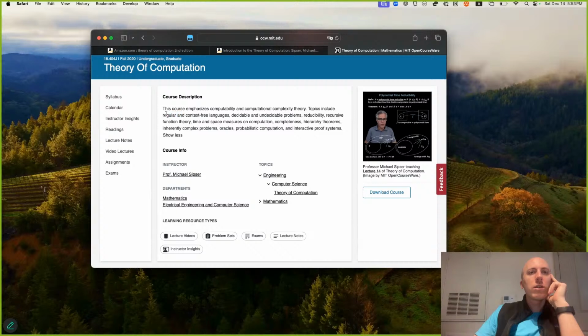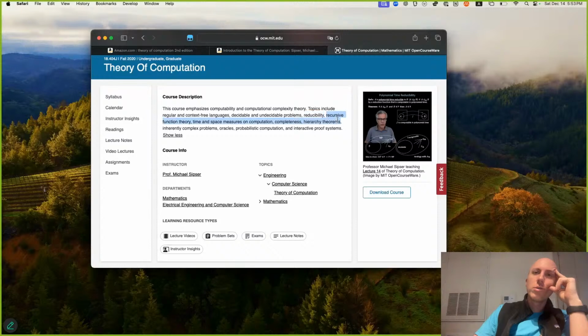Regular and context-free languages, that was fun. We didn't get to decidable. Yeah, I guess we did get to decidable problems. That's where Turing machines come in. I think the halting problem is undecidable.